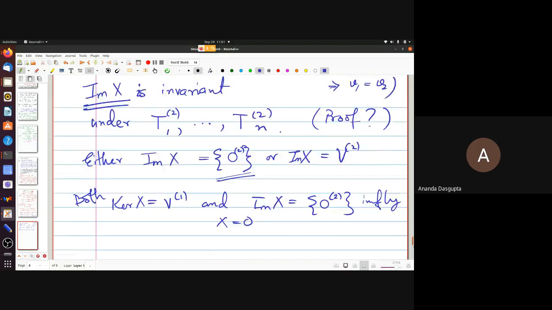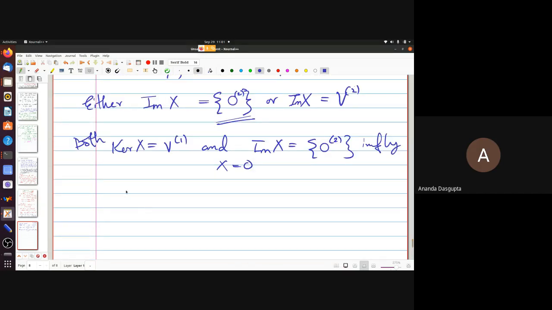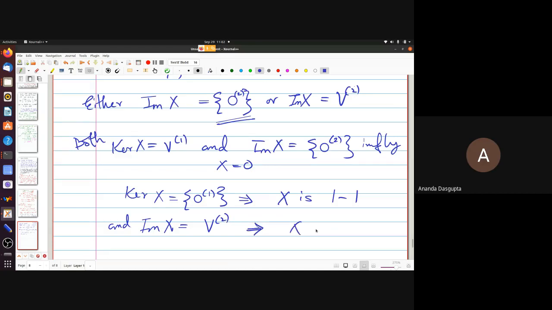But if X is not 0, then the kernel of X has to be this, which I've already seen means X is 1 to 1, and the image of X has to be V2, which implies X is what? Onto.